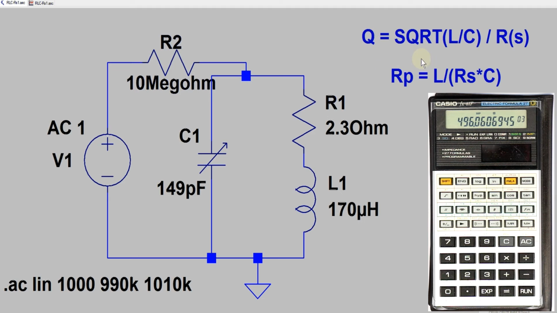On the other side, the parallel resistor must be as high as possible to get a high Q factor, because the parallel and series resistance behave in an inverse ratio. So a low series loss resistance means a high parallel loss resistance.